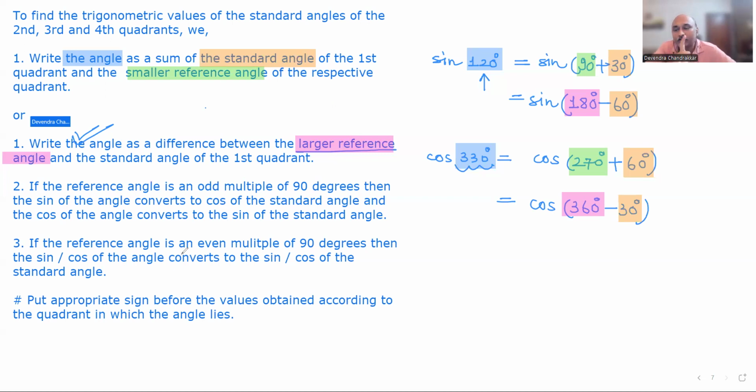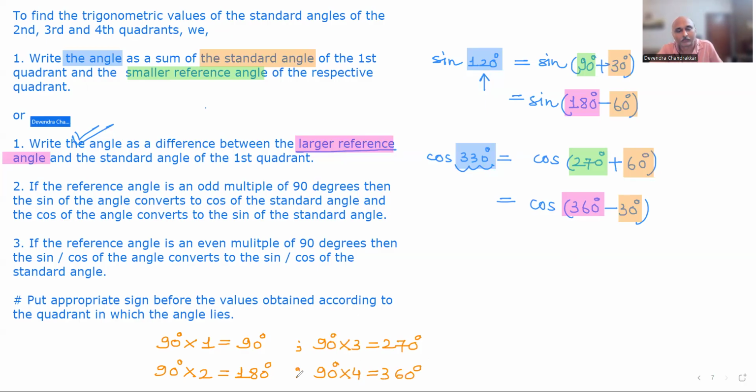It says if the reference angle is an odd multiple of 90 degrees... So first of all, let's see which are the odd ones and even ones. 90 into 1 is an odd multiple. 90 into 2, 180, is an even multiple, right? Similarly, 90 into 3 is an odd multiple, and 90 into 4, which is 360, is an even multiple, right?